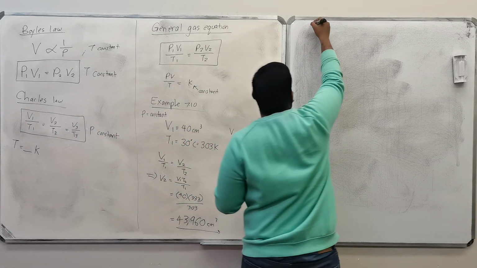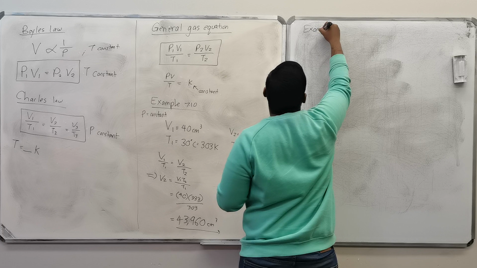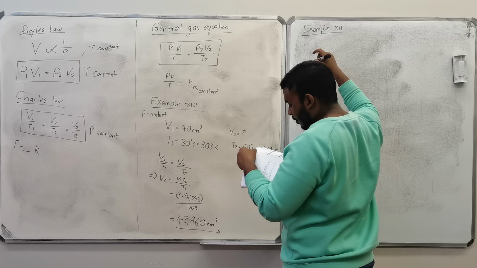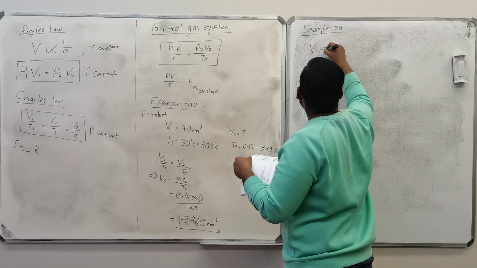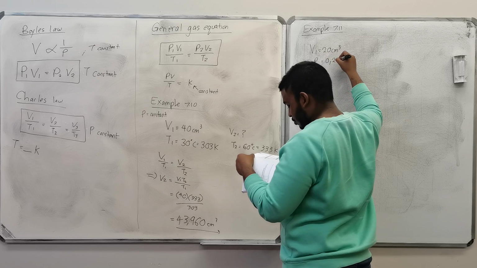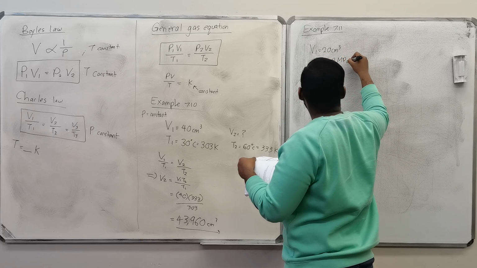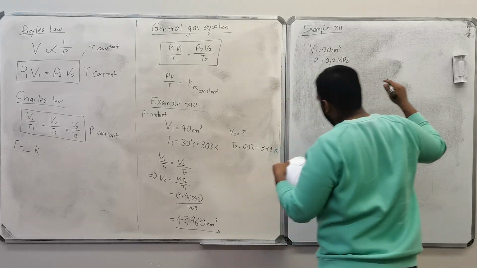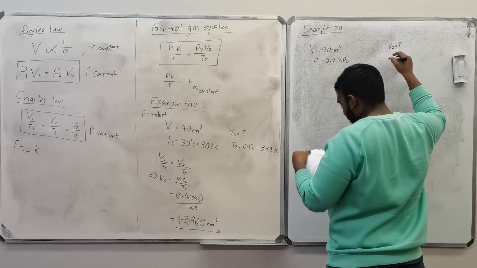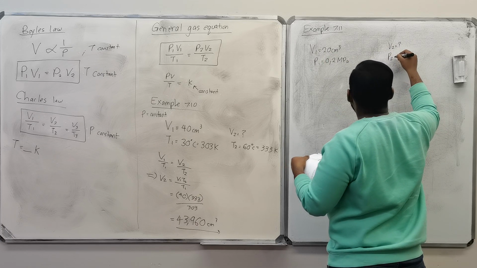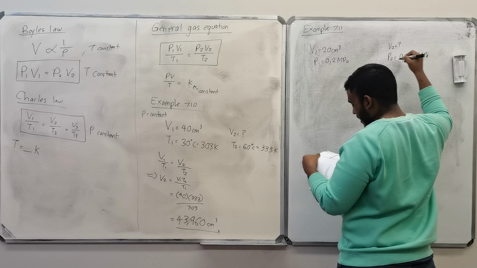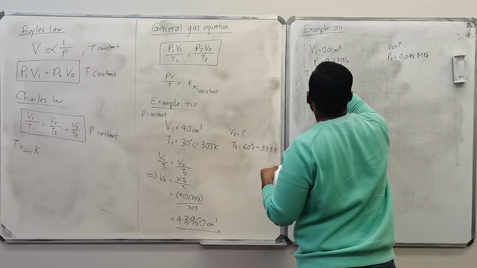Example 7.11. So example 7.11 says that a volume of gas is 20 centimeters cubed with a pressure of 0.2 MPa, right? Calculate its volume, they want to know V2, at 0.098 MPa and the temperature remains constant.